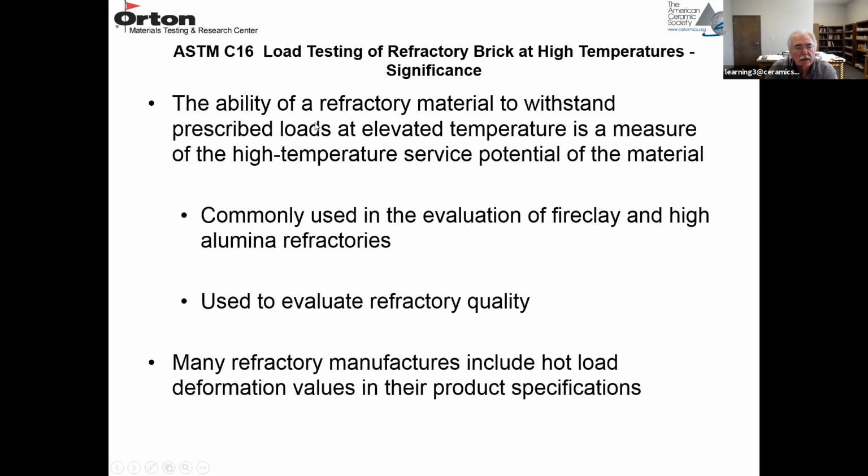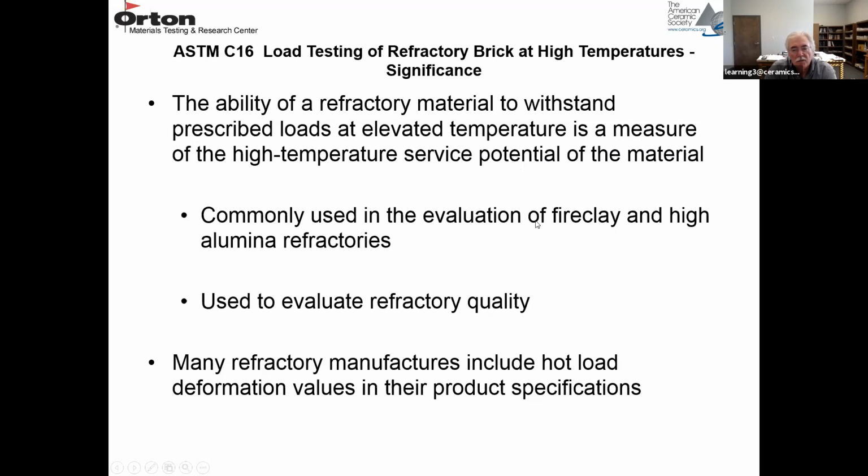So it's an important test that measures the ability of a refractory material to withstand a load at an elevated temperature. It's really a measure of the upper use limit of the material, a measure of its high temperature service potential. So if you have a significant deformation at a particular temperature, you probably don't want to use that material above that temperature.